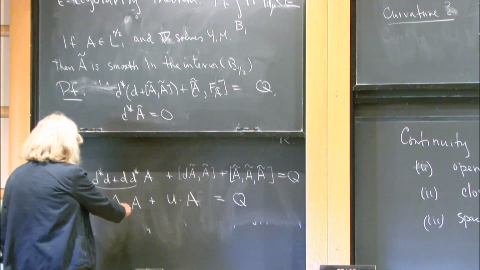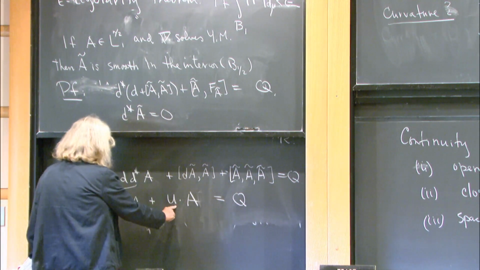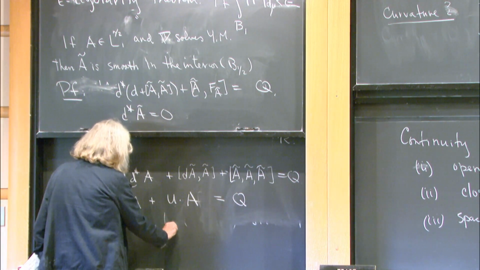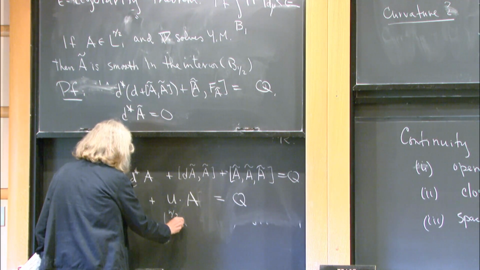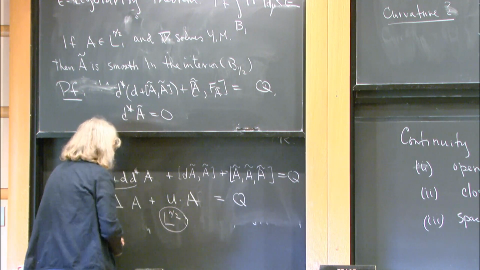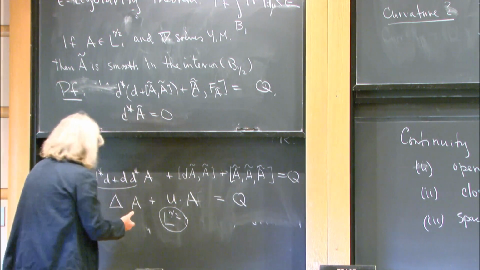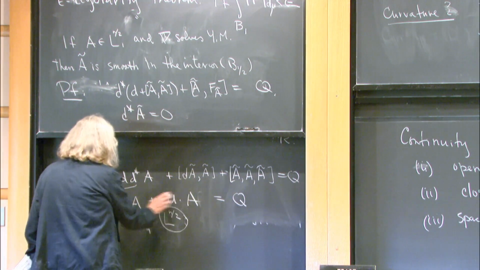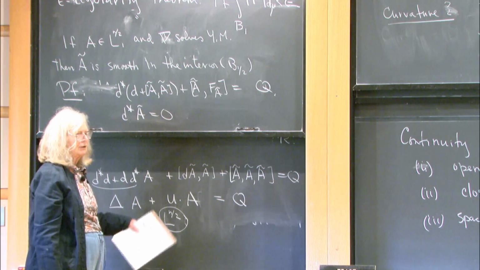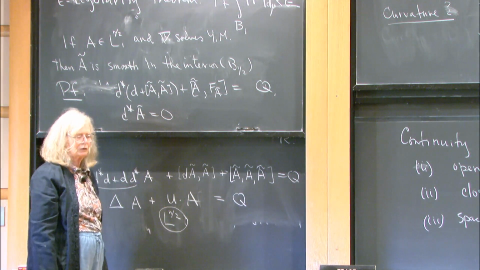So using this equation with U, this is actually small in L^{n/2}. And that's the magic thing in the Sobolev inequalities that says that this is a small perturbation of this, that it's small in L^{n/2}.